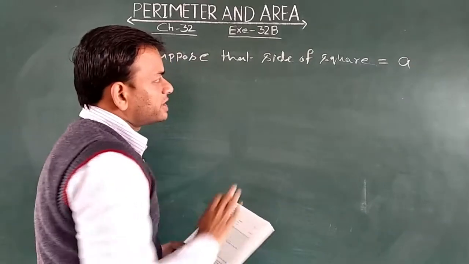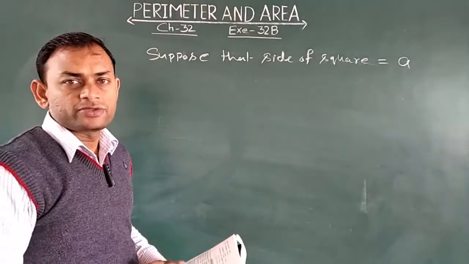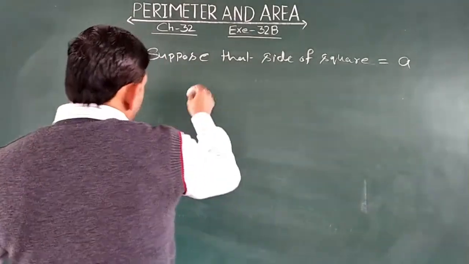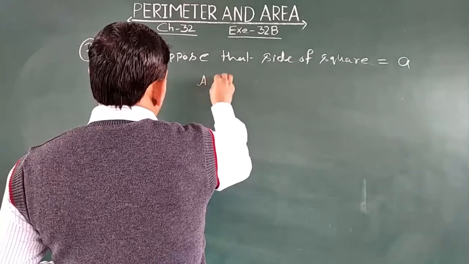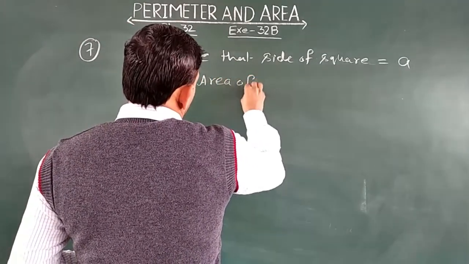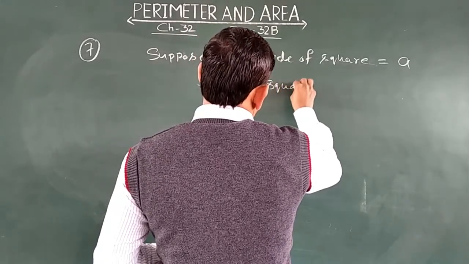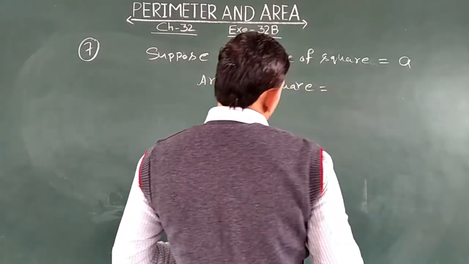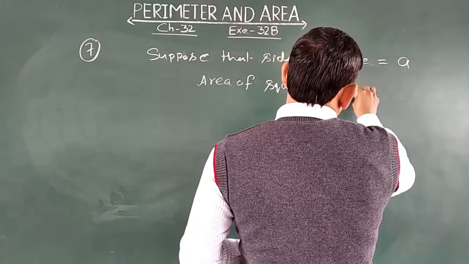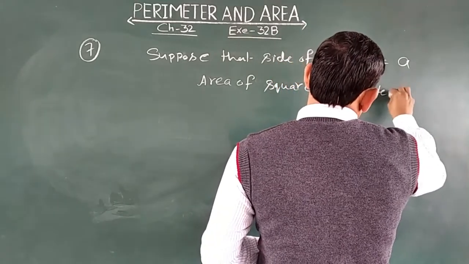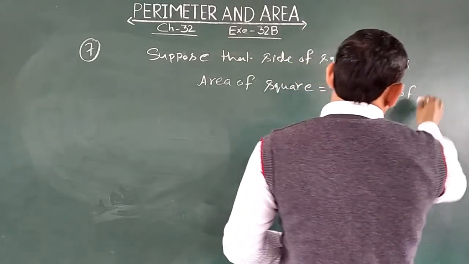Okay, we have just supposed that the side of that square is A, and the question is saying that the area of that square is equal to the perimeter of that square.